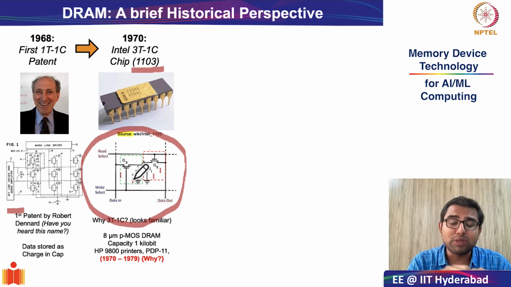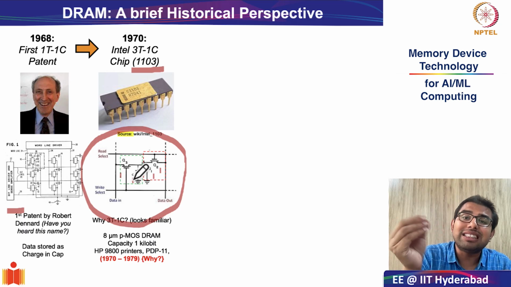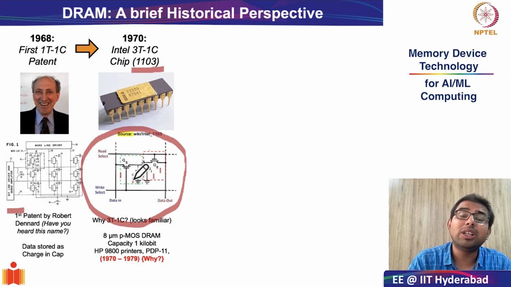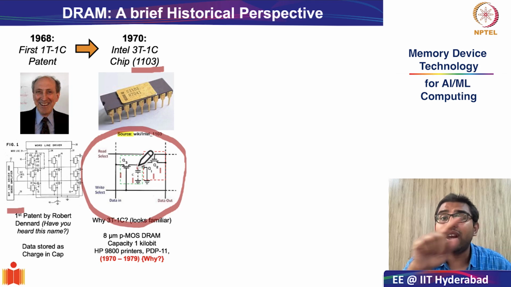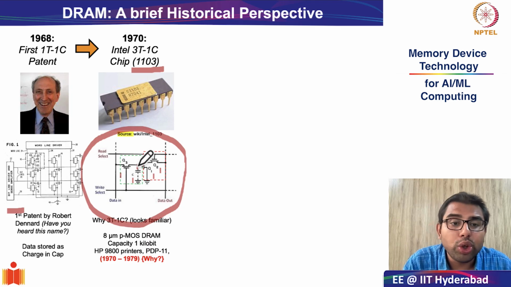In the 8T SRAM cell, there were two extra transistors which were added to the 6T SRAM cell to decouple read and write, right? And here you were able to decouple the read from the write because from the storage node you were not resistively reading out the read data, but you are capacitively reading out the read data.